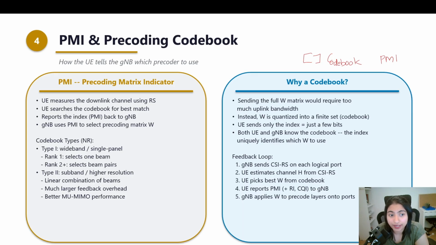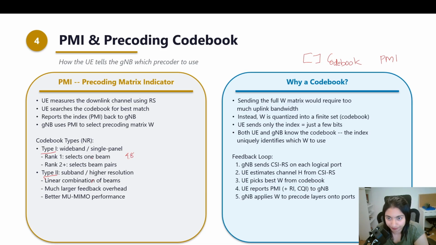There are two kinds of codebooks: type 1 codebook and type 2 codebook. Type 1 codebooks are usually used for single-user MIMO, whereas type 2 codebooks are used for multi-user MIMO, and have around 20 plus bits of feedback, whereas type 1 codebook has around 4 to 8 bits of feedback.